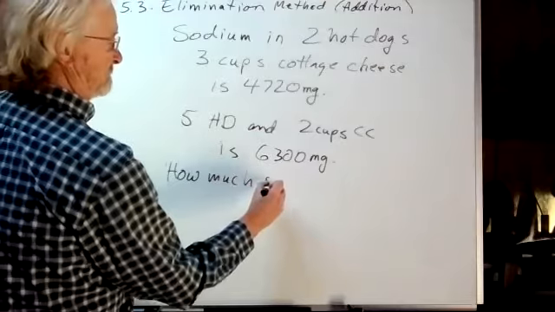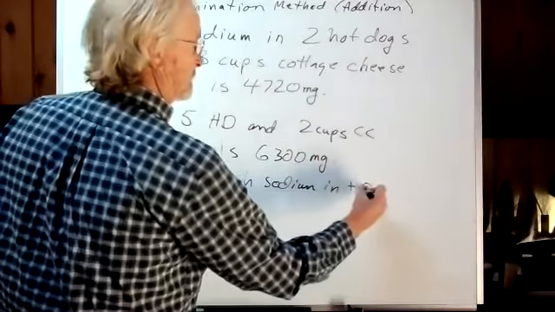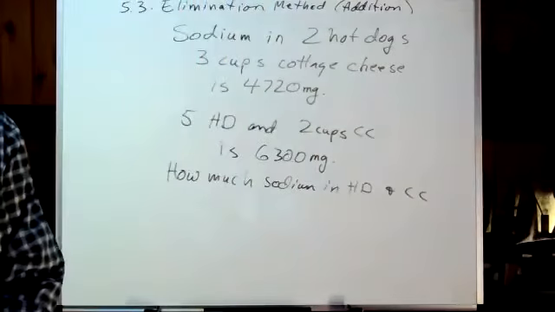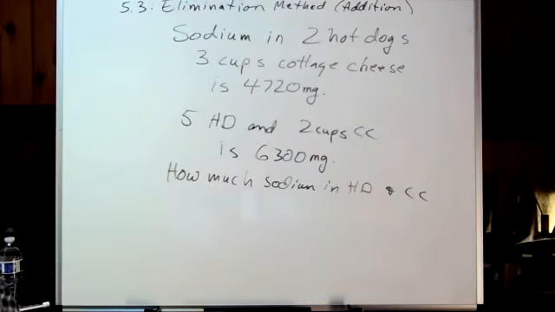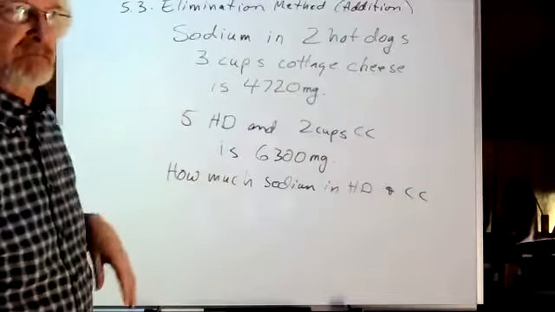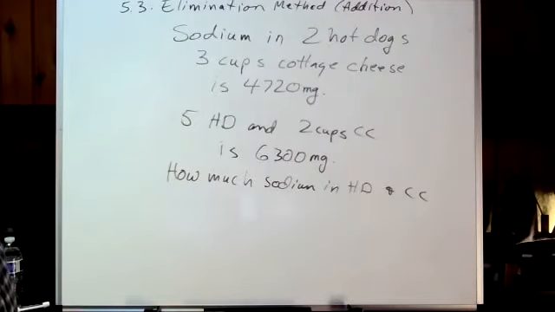How much sodium is in a hot dog and in cottage cheese? How much in each? So slightly compressed verbiage there, written out as a paragraph in a textbook problem.